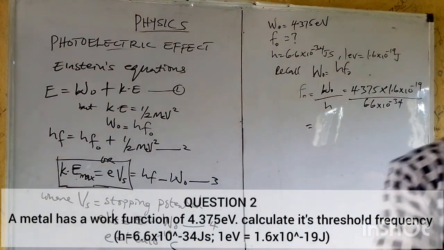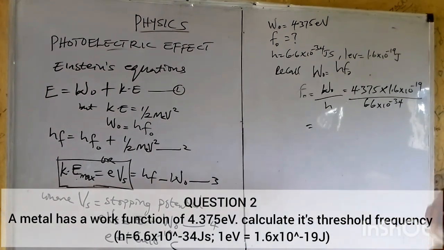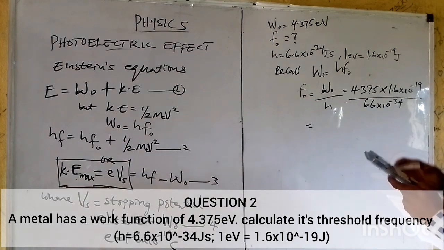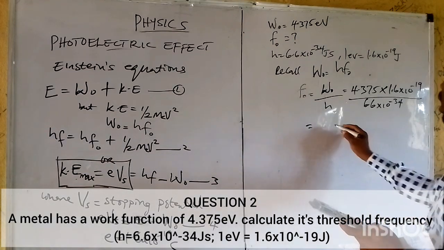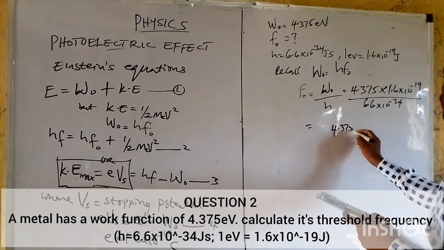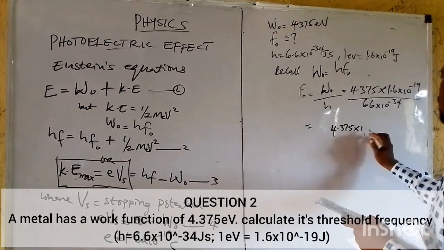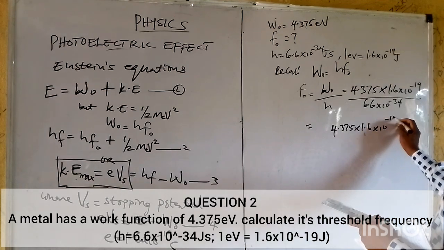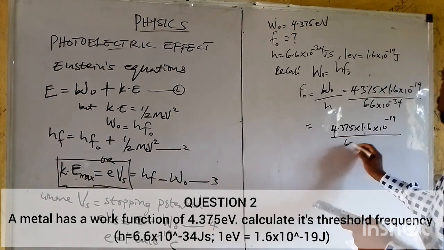By our calculation, 4.375 times 1.6 times 10 to the power minus 19 all over 6.6 times 10 to the power minus 34.